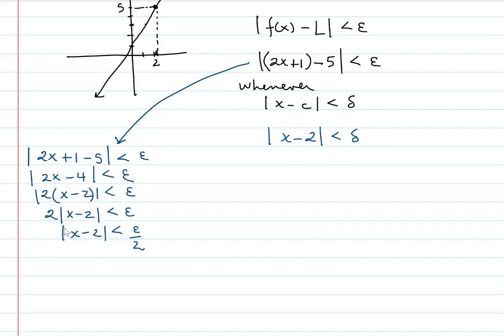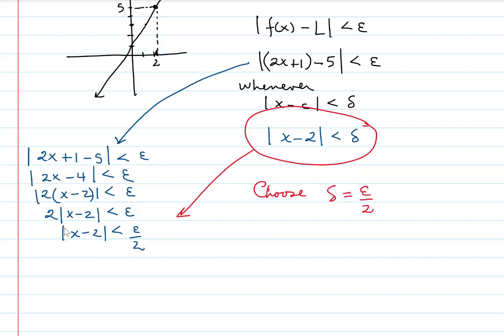So this gives me the intuition: this has to be less than delta, and working this out gives me epsilon over 2. So why don't I choose my delta to be equal to epsilon over 2?